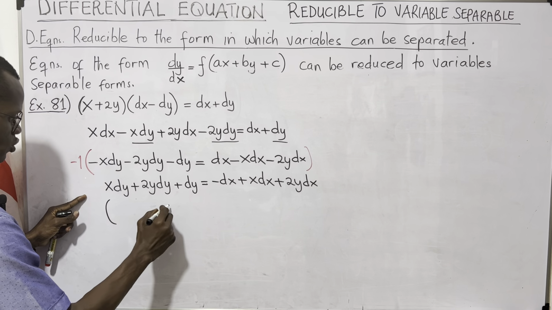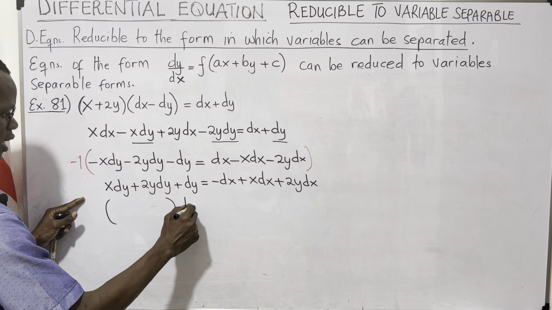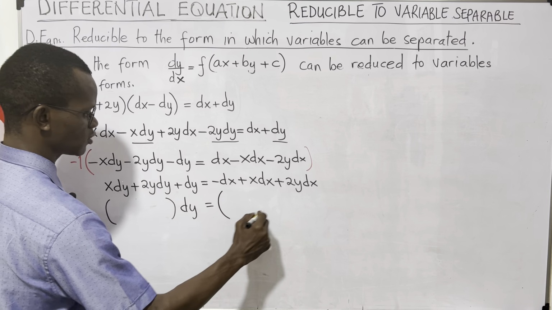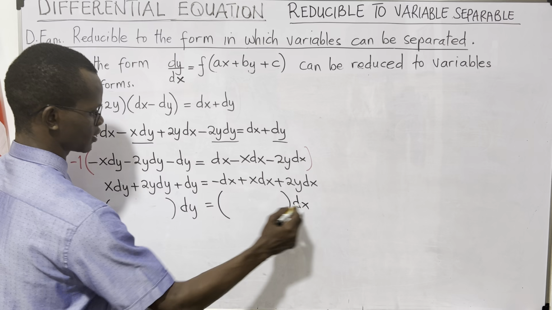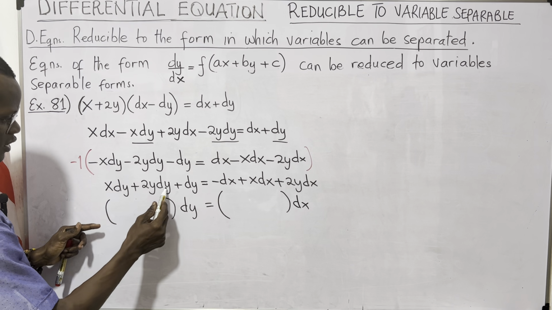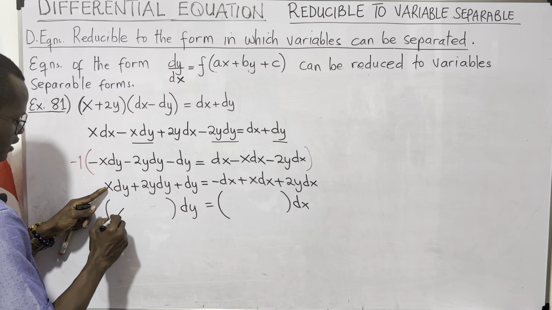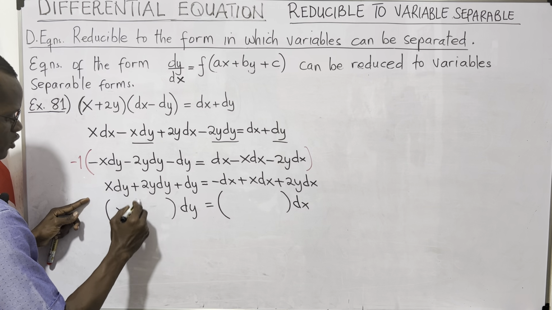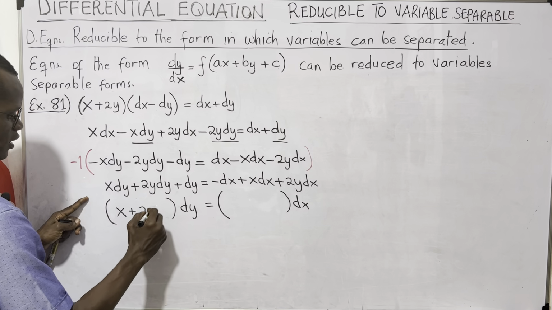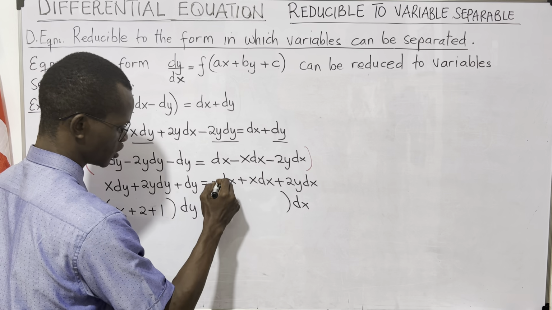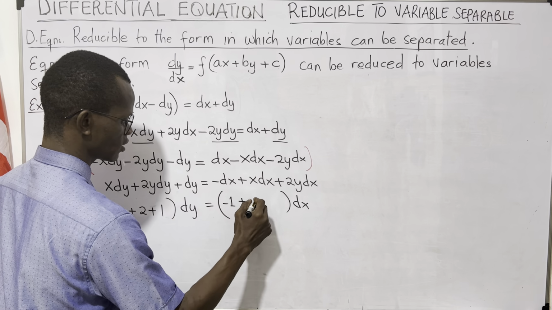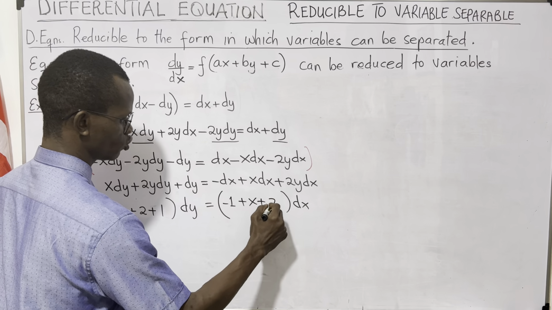The next thing is to factor out dy and also dx, because dy is in each term and dx is also in each term. What is left is x, what is left here is 2y, and this is plus 1. The coefficient here is just 1. What is left here is minus 1, coefficient is 1, plus x plus 2y.